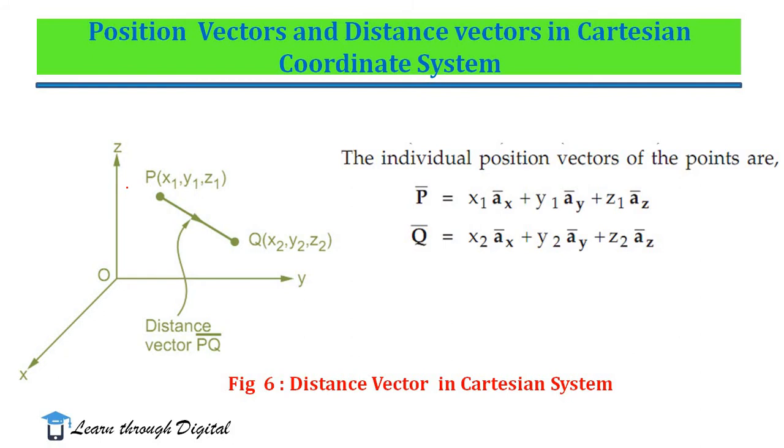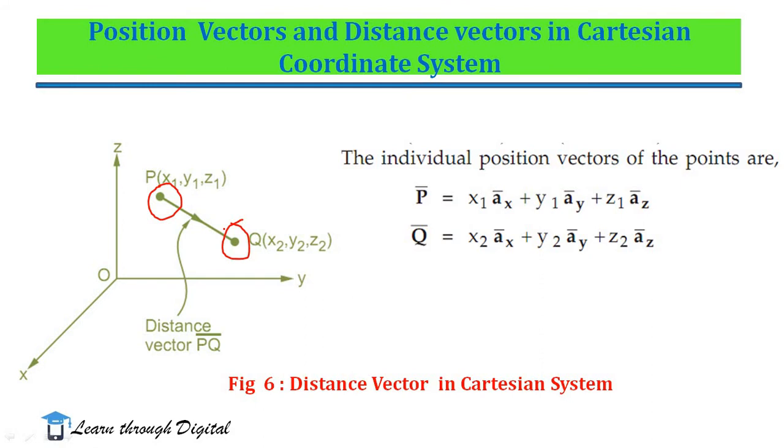Now consider 2 points in a Cartesian coordinate system, P and Q, with the coordinates x1, y1, z1 and x2, y2, z2. This is point P and this is point Q. So we are going to find the distance vector between the point P and Q. We just take the difference of position vectors.